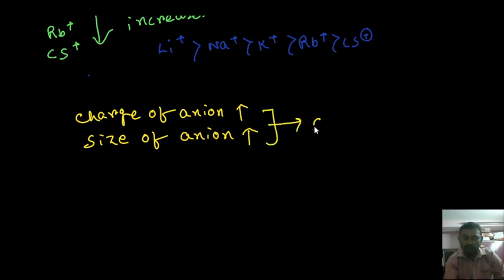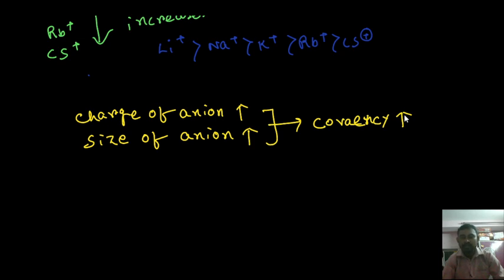lead to the increase in the covalency. From the physical definition, if the charge of the anion increases, that means there is more electron density in the anion, so it will attract the positive charge of the cation more, which leads to more covalency or more polarization.